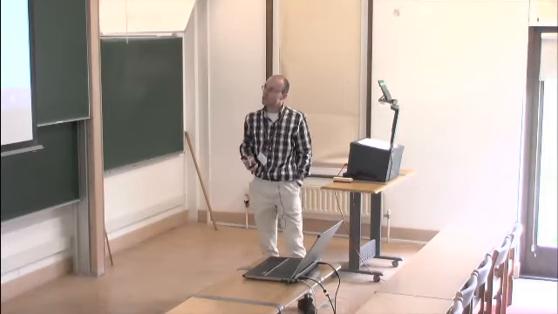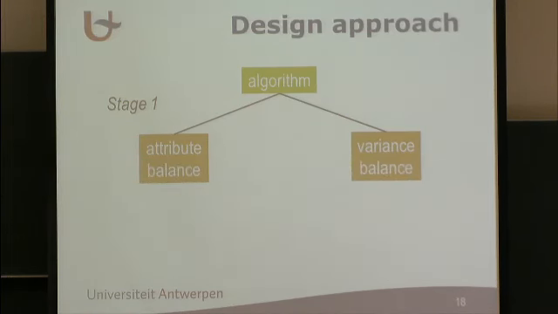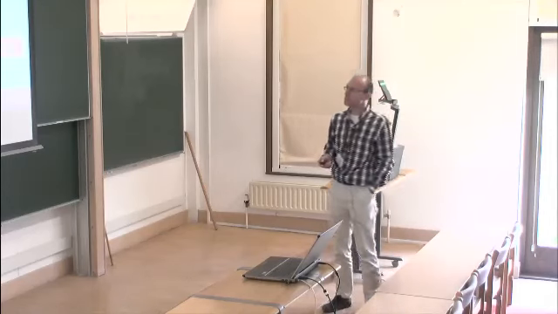And here you can see the two different approaches for the first stage, for the determination of the constant attributes. There we have an approach we call attribute balance, and the alternative approach we have is variance balance. And I will construct designs with both approaches. I will explain you in a minute what exactly these approaches are.